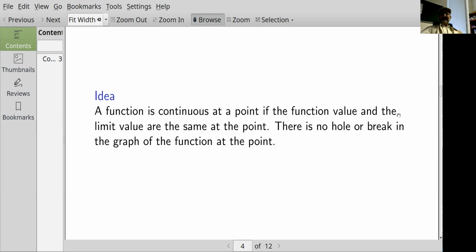So if a function is continuous at the point, and you're asked to find a limit of that function at the point, then you can just give the function value as the limit value.